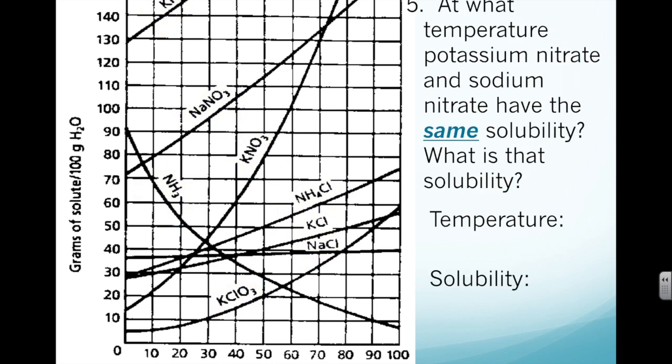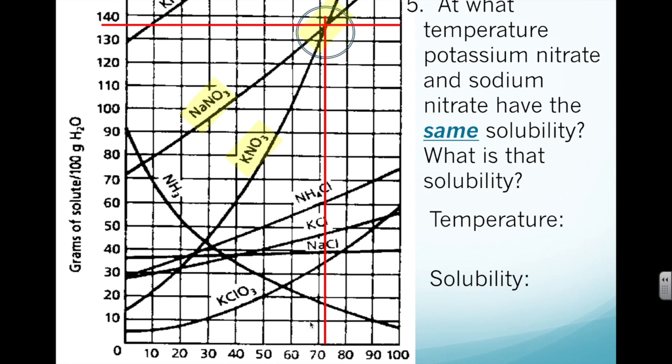At what temperature do potassium nitrate and sodium nitrate have the same solubility? What is that solubility? So, potassium nitrate and sodium nitrate. Let's see if we can find those. There's sodium nitrate and there's potassium nitrate. Where do they have the same solubility? Oh, that is right there. All right. So what temperature do they have?